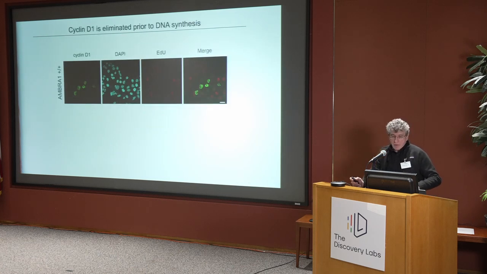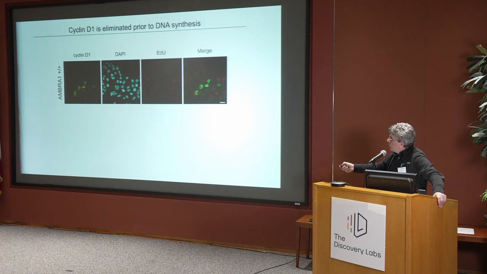So in the course of this work, we had an observation. We saw that cyclin D1 is present in the nucleus of some cells, and these cells happen to be EdU negative. So either cells incorporate EdU, meaning they replicated their DNA, or they express cyclin D1, but never both.